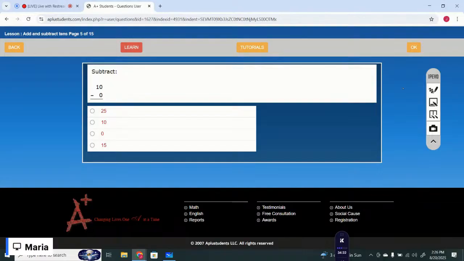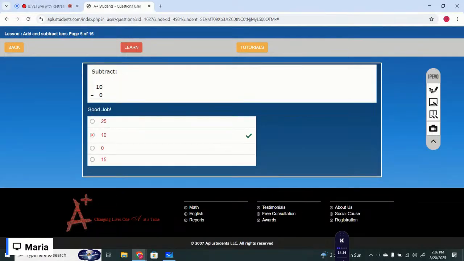Ten take away 0 is 10. Option number 2 is the correct option.